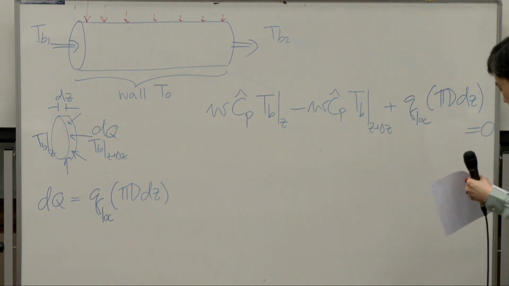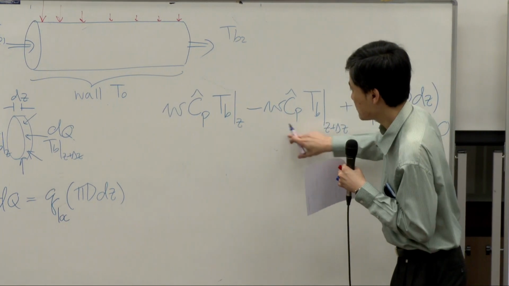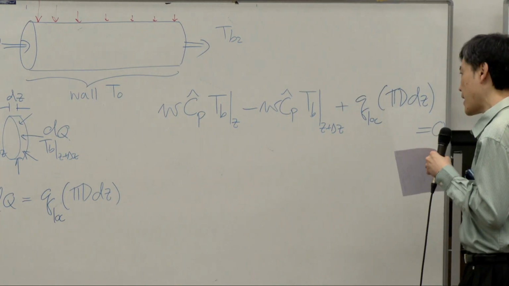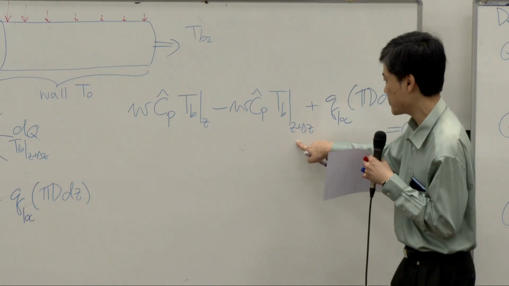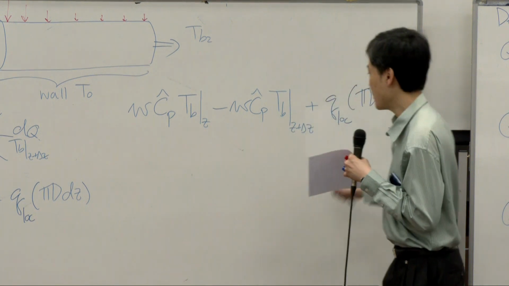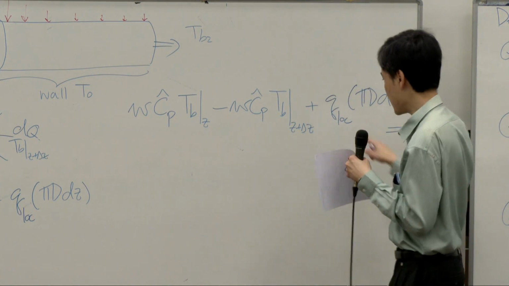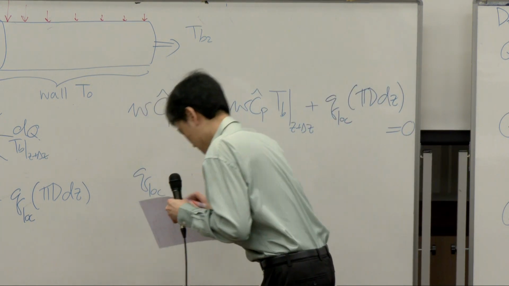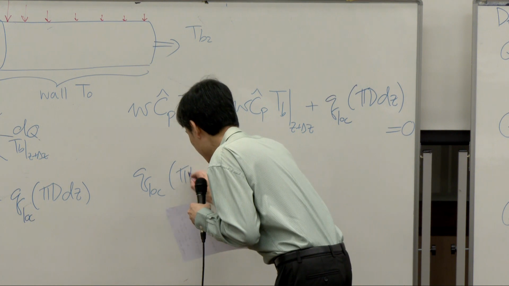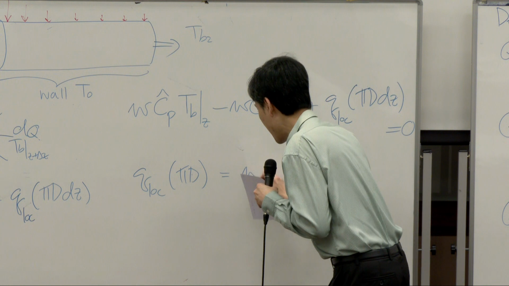Okay? Now, if I move these two terms to the other side of the equation, I would end up having this part first subtracted by this part. On the other side of the equation, I will have this term. So let me write this term again. q local times pi d equal to, on the other side, I have W Cp.